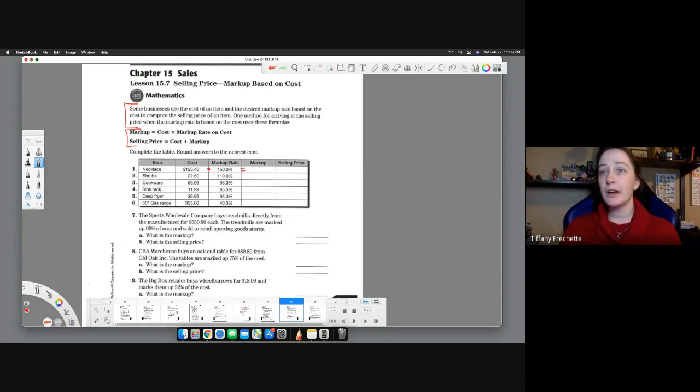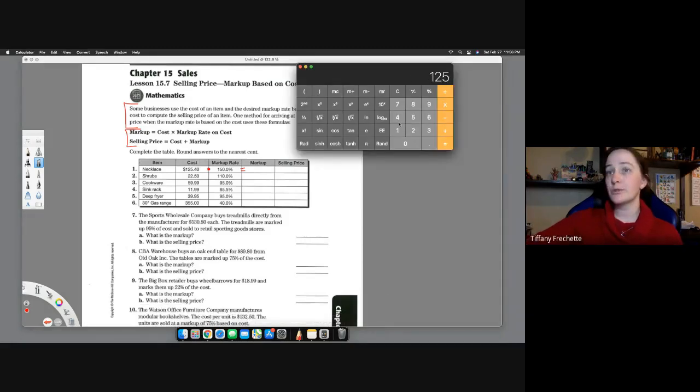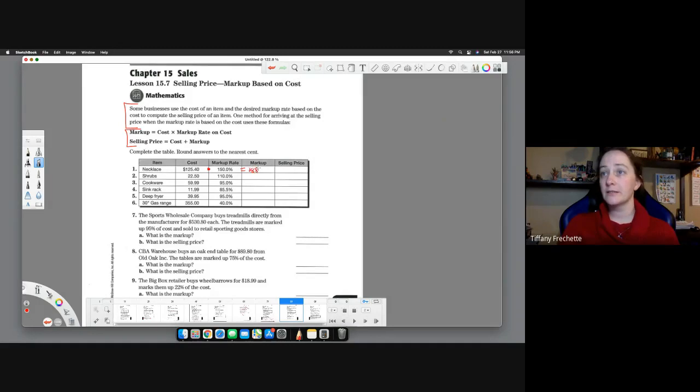So if we multiply 125.40, and I'm going to pull up my calculator here, times 150%, remember that's 1.5 when you type it in, equals, so we have 188.1.